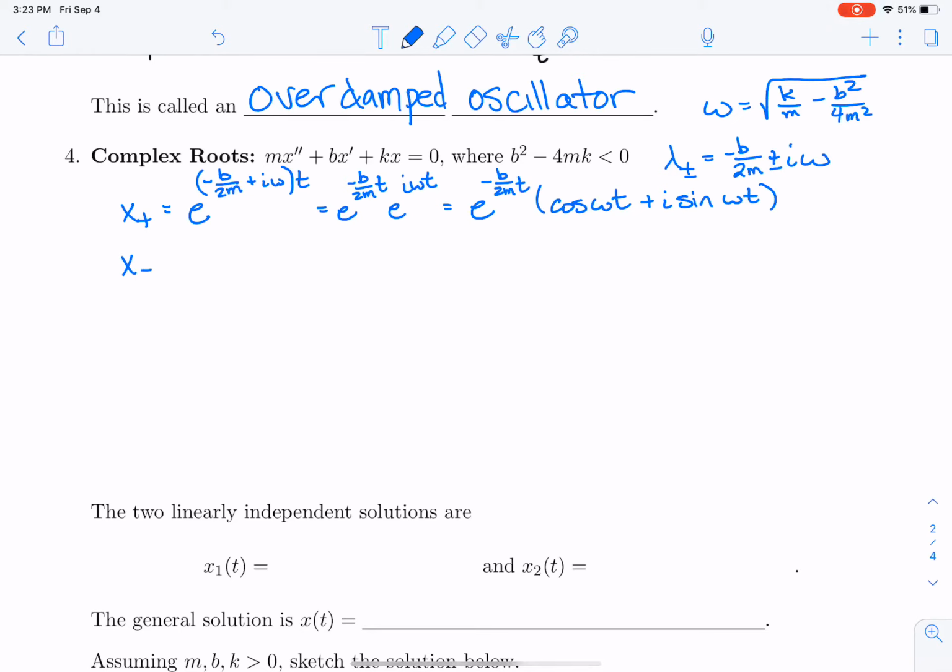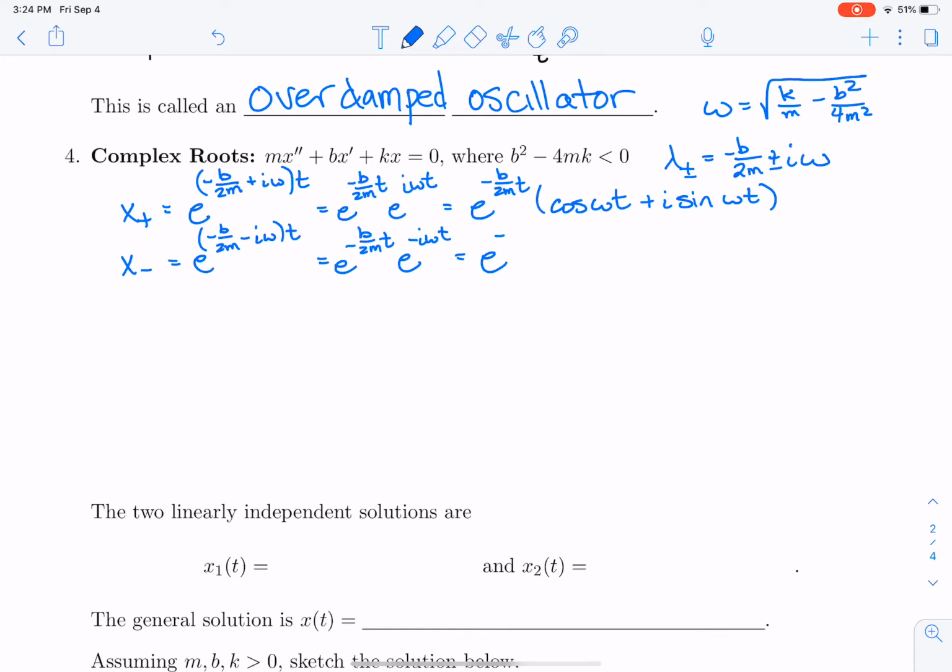X minus, the other root, when lambda is negative, is going to be e to the minus b over 2m minus I omega times t. So that's going to be e to the minus b over 2m t, e to the minus I omega t.